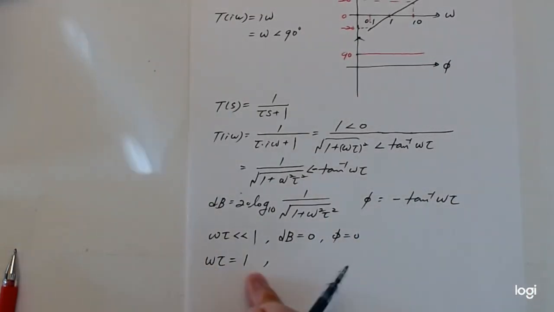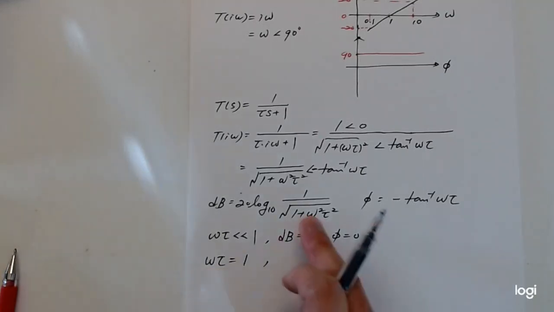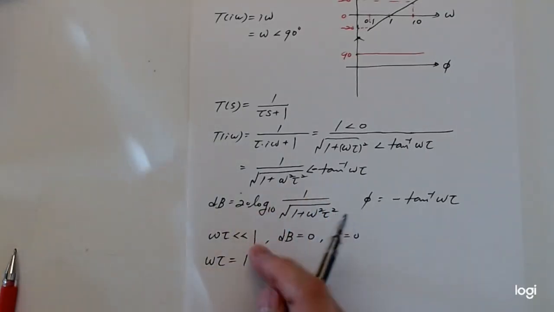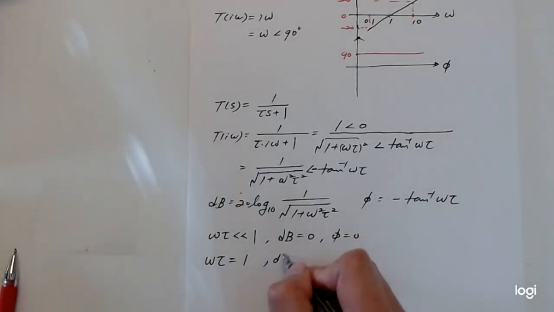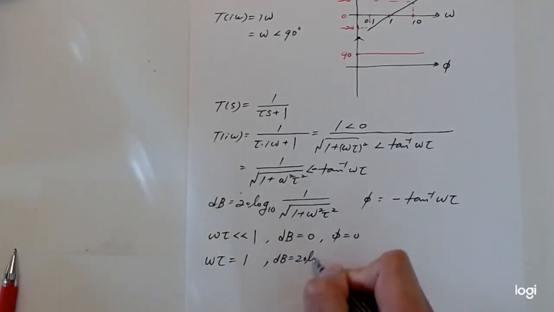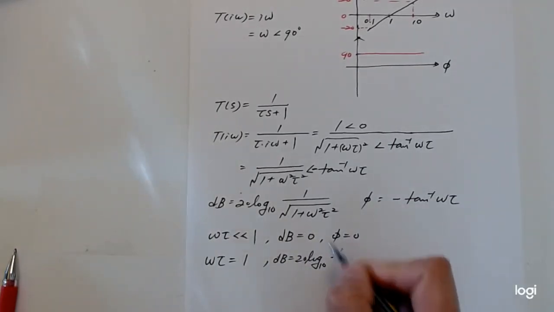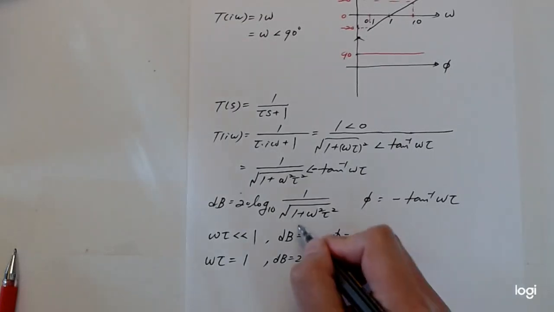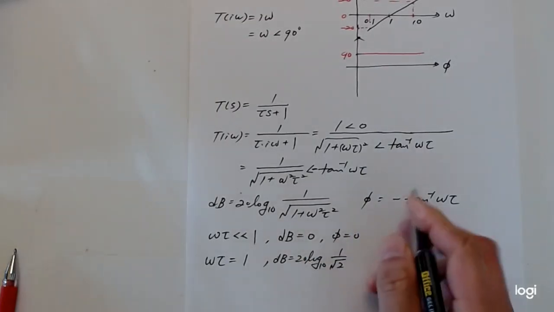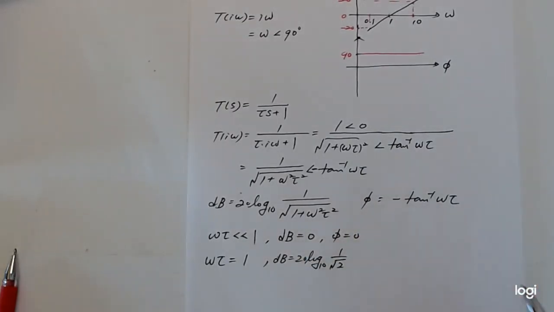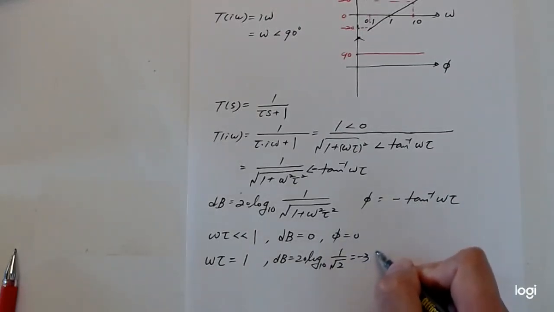How about when omega tau is equal to 1? So 20 log of 1 over the square root of 1 plus 1, which is 2. So this is the famous point, minus 3 dB.